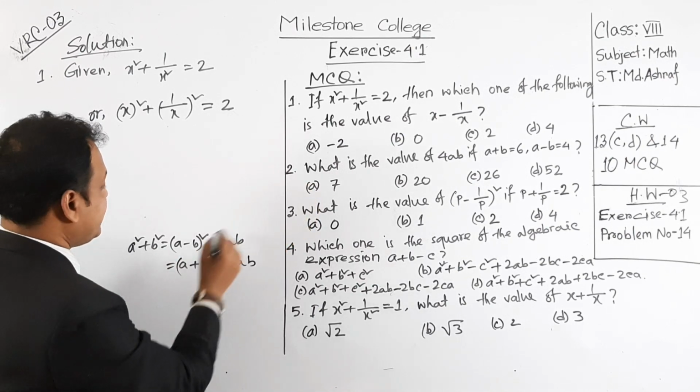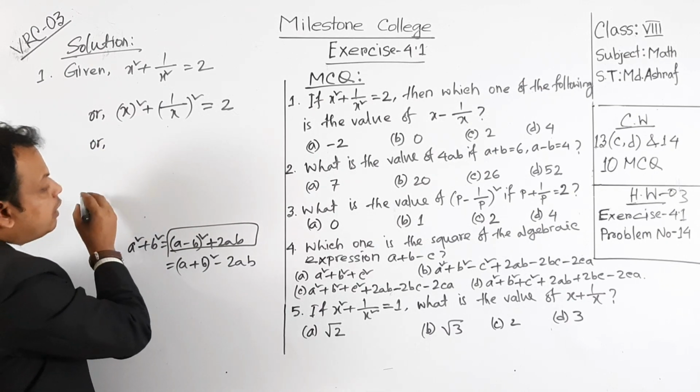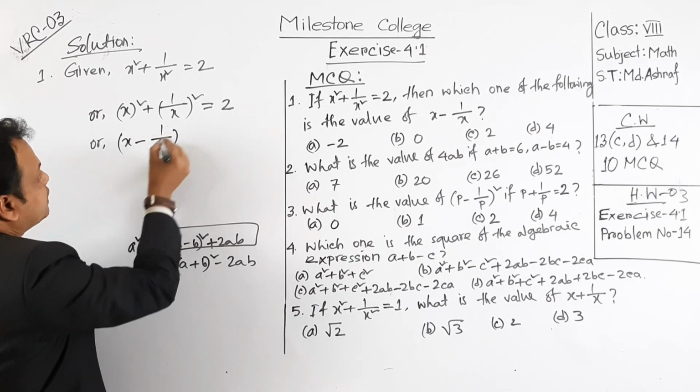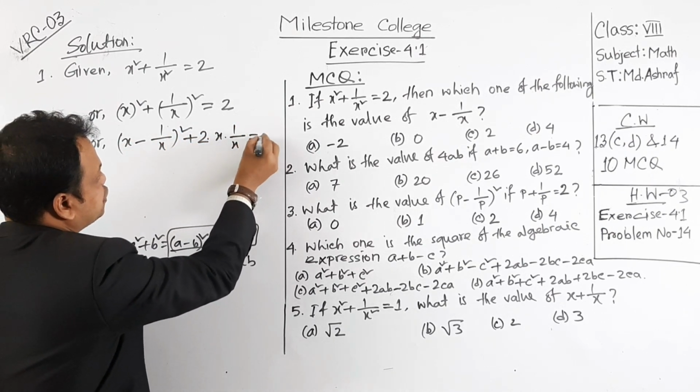As we need a minus b, we will apply this first part. So apply it here: (a minus b) whole square plus 2 into ab, which is x into 1 by x, equals 2.